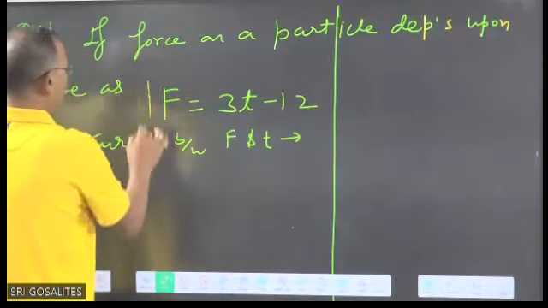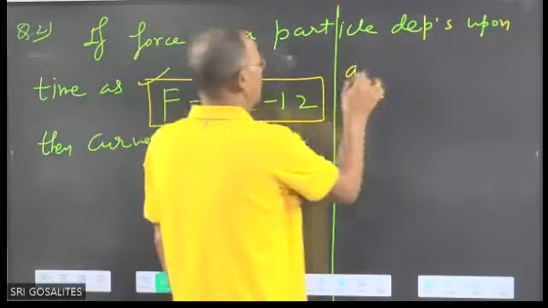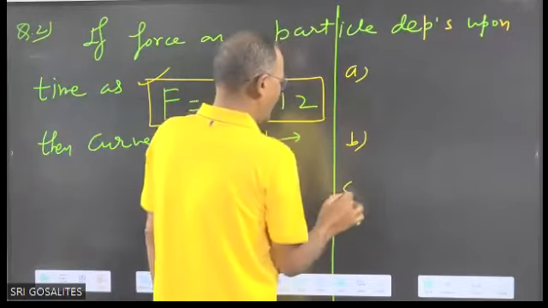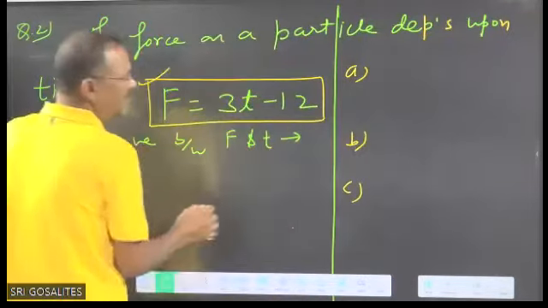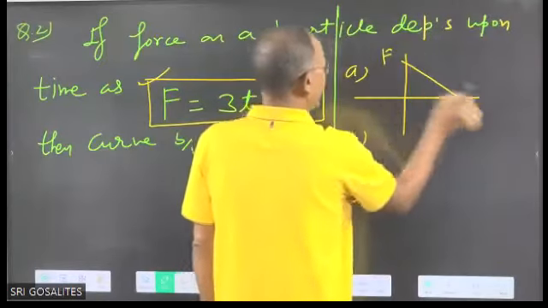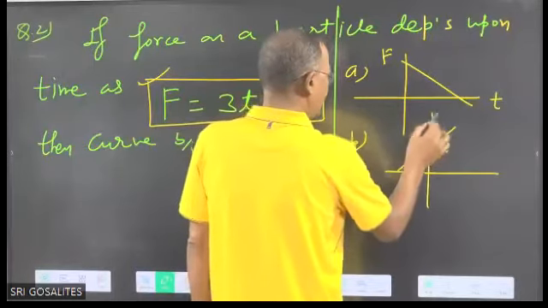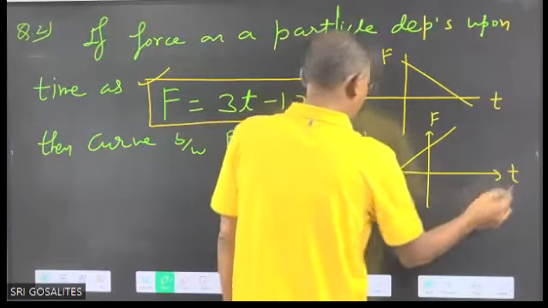Then we can go, no issues. So we want the plotting between F and T. Options I am giving you. Which graph will be correct? First, it will be like this, F-t. Second, it will be like this, force on the y and time on the x.